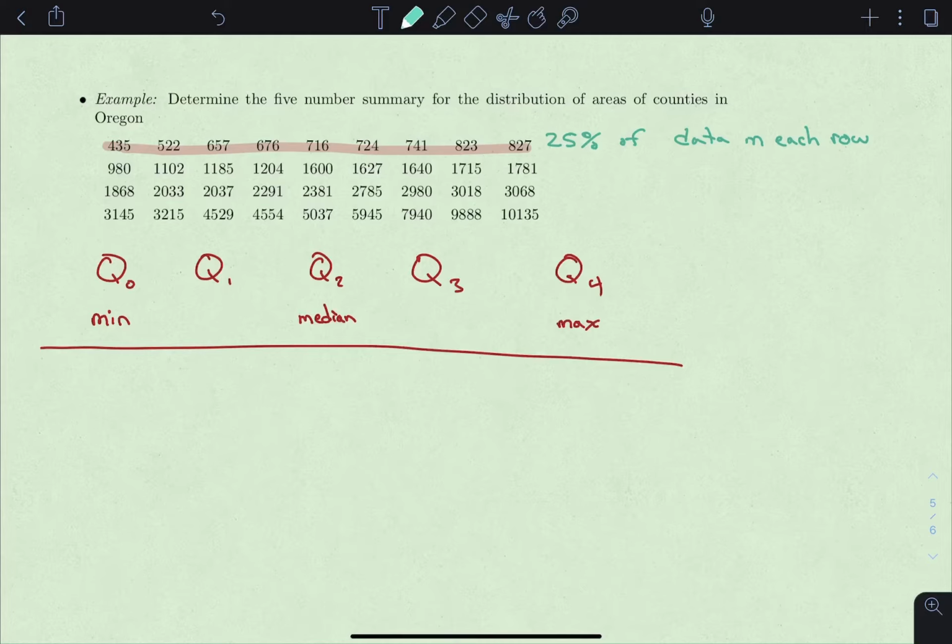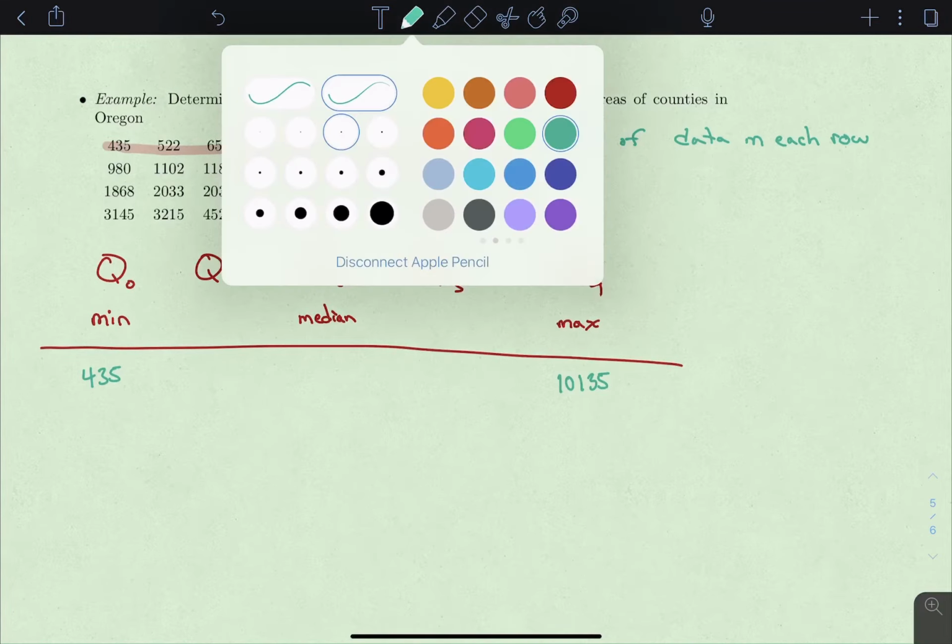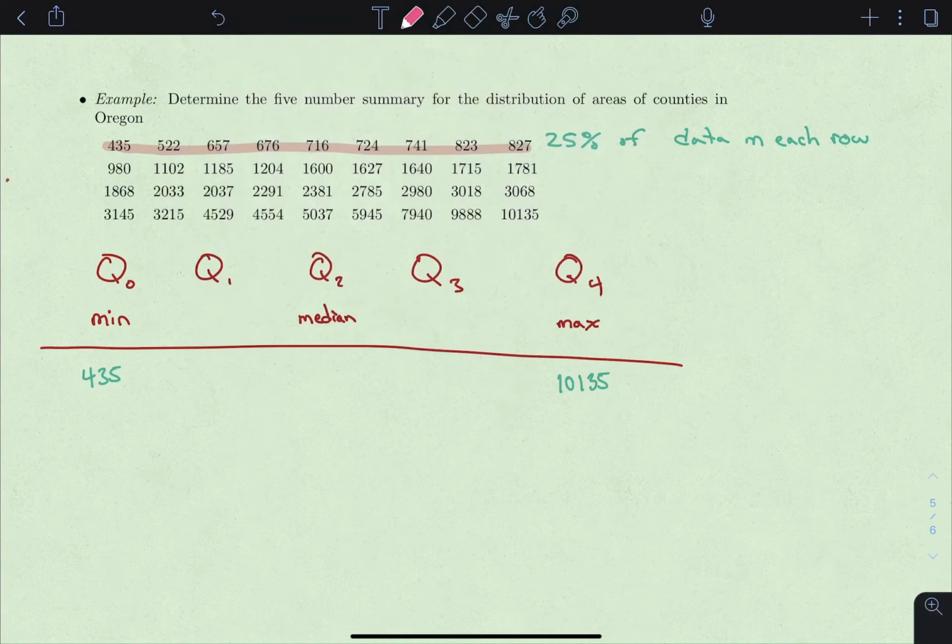So the minimum is easy to spot, it's 435. It's the smallest number in the list. And the maximum is also easy to spot, 10,135. The median we can piece out by getting a number that's at the halfway point.